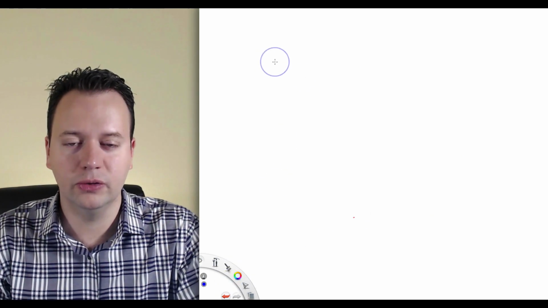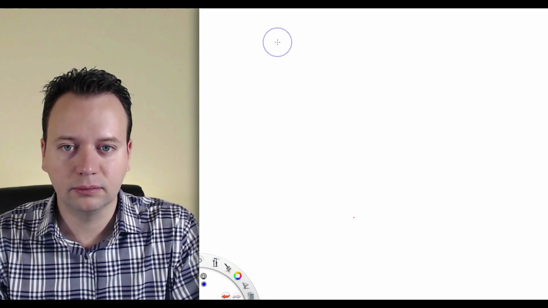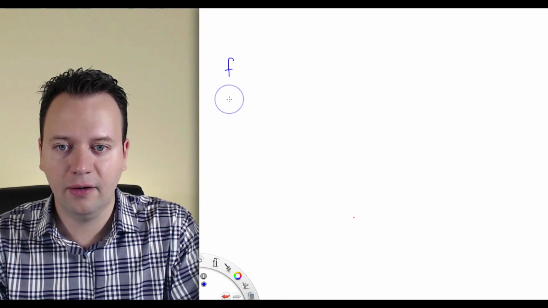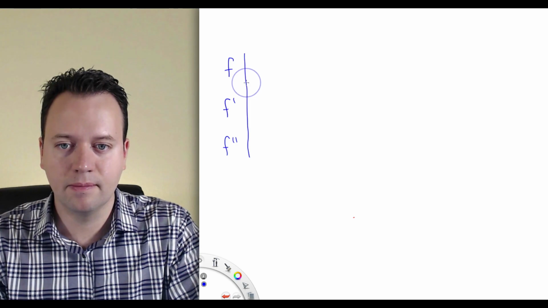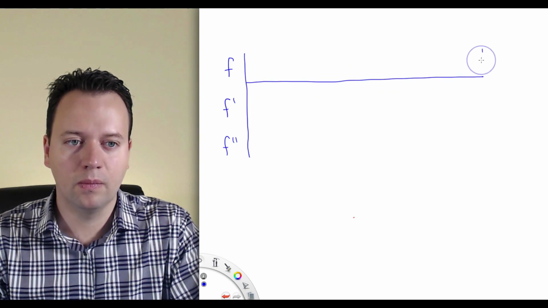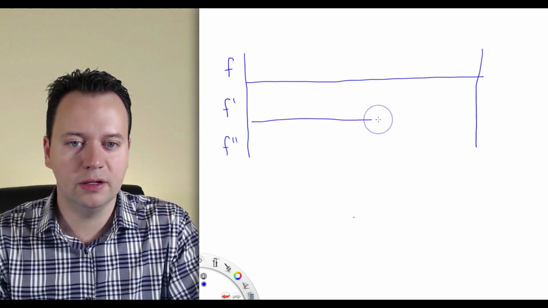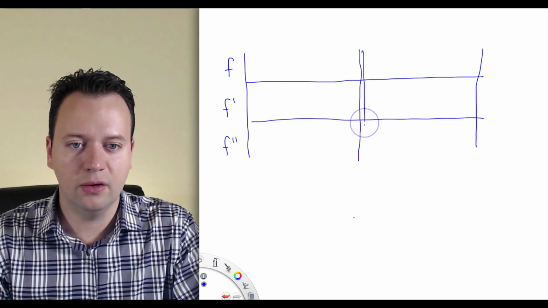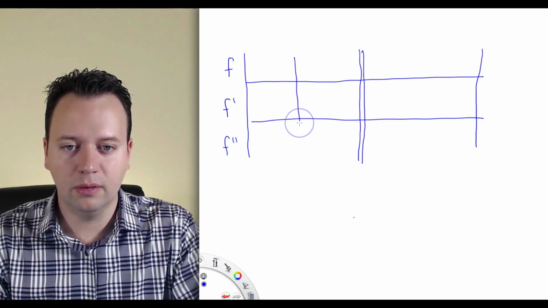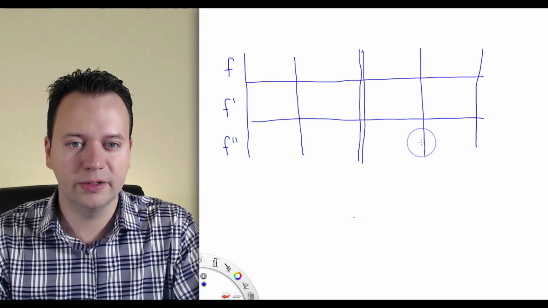So finally there's a nice chart that I like to use. So I like to put f, f prime, f double prime. So this chart is very useful in a variety of different problems.